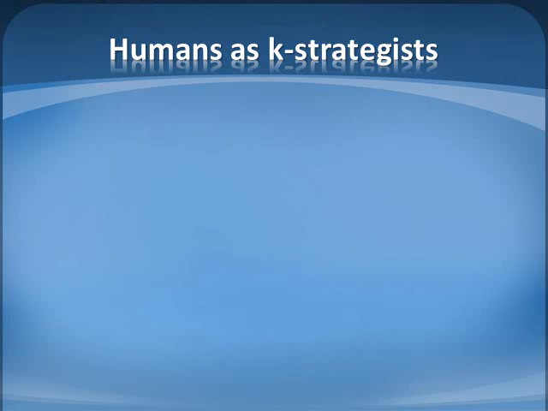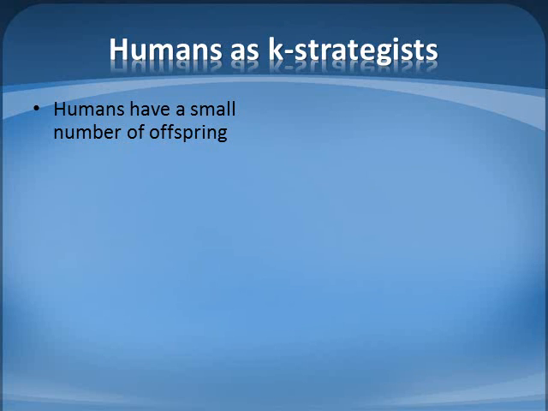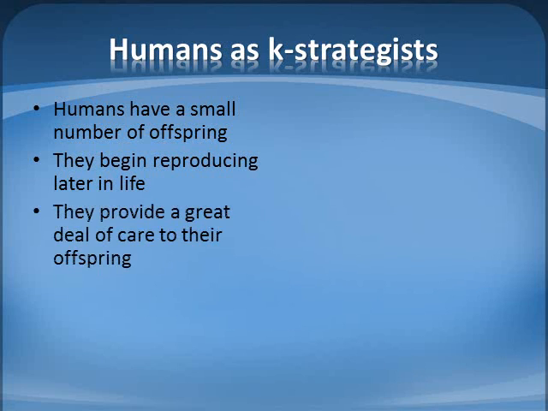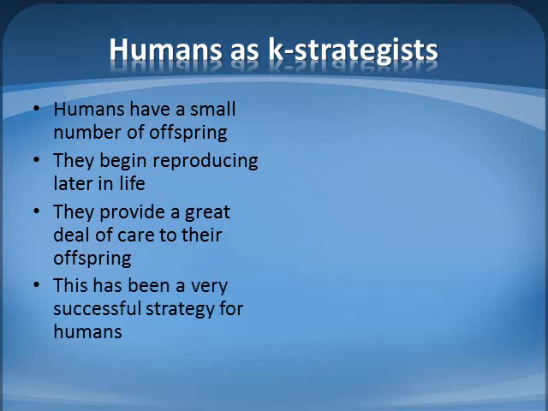Again, keeping in mind that K and R strategists are something you usually use comparatively, and when we talk about humans compared to most other species, we follow that pattern where we have few offspring. We do start reproducing later in life. We tend to provide a huge amount of care, more than any other critter really, to our offspring. And for us, that has been a very successful strategy.